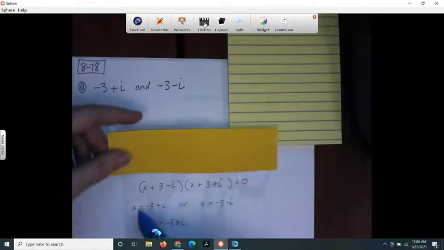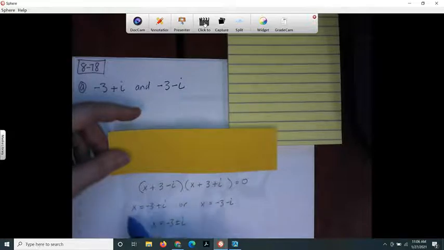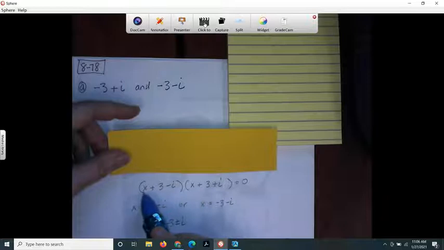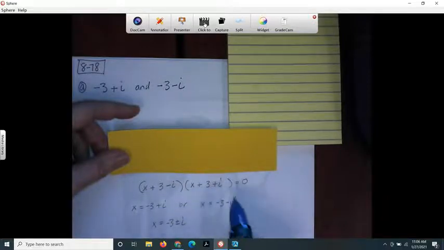Okay, so what did I do here? If I want to set this part equal to 0, I would have to add 3 to both sides and subtract i. So that's how come the signs are changed from here. And the same thing here.